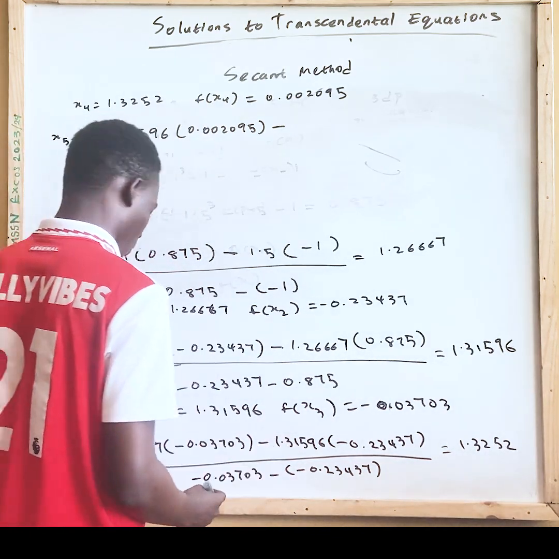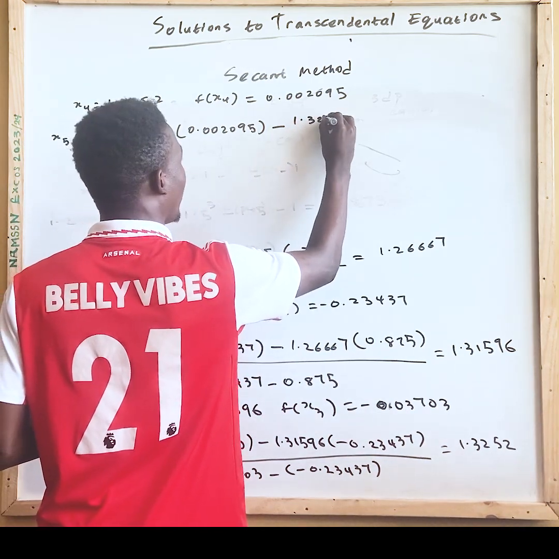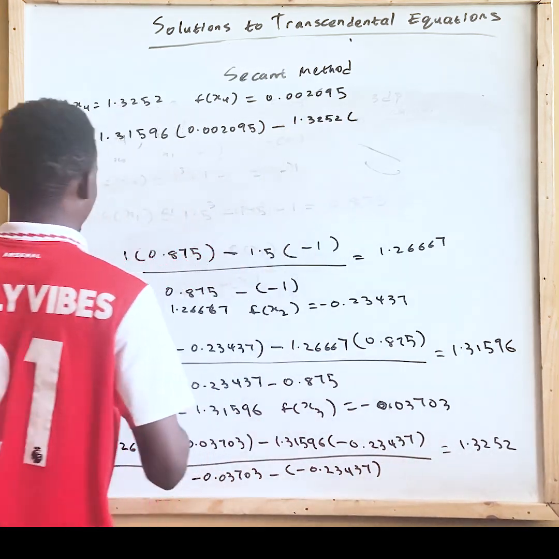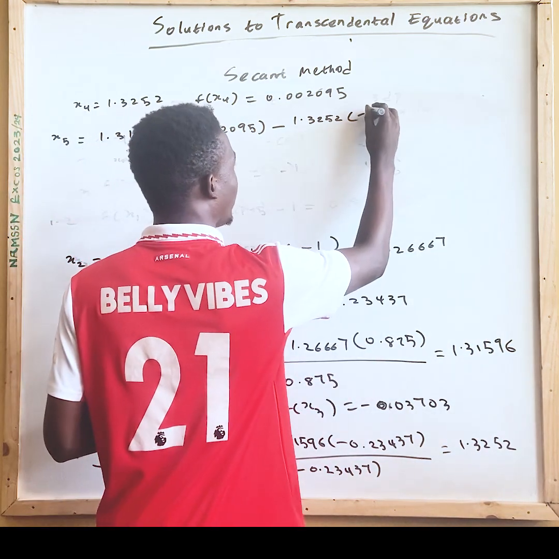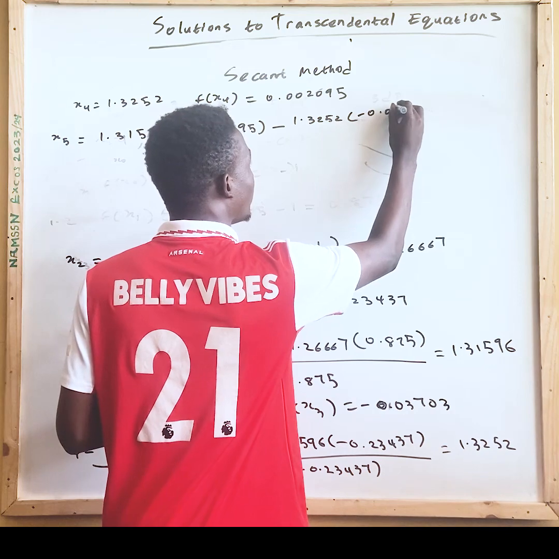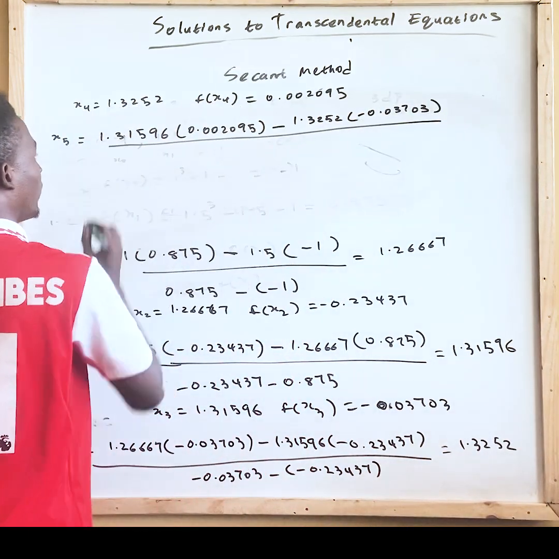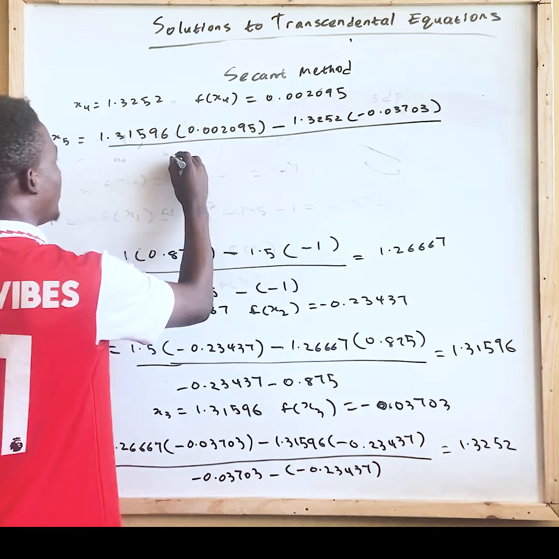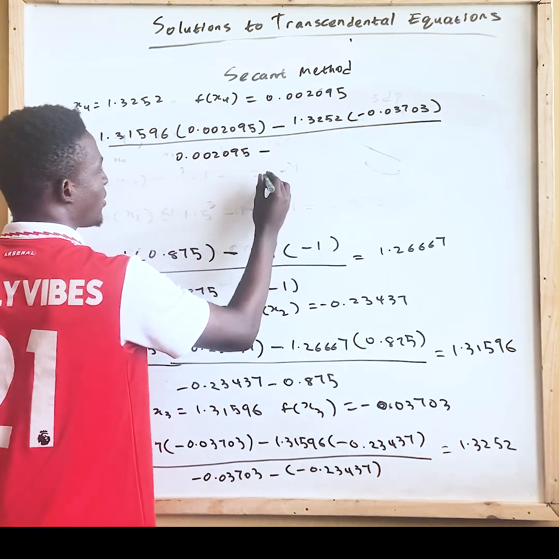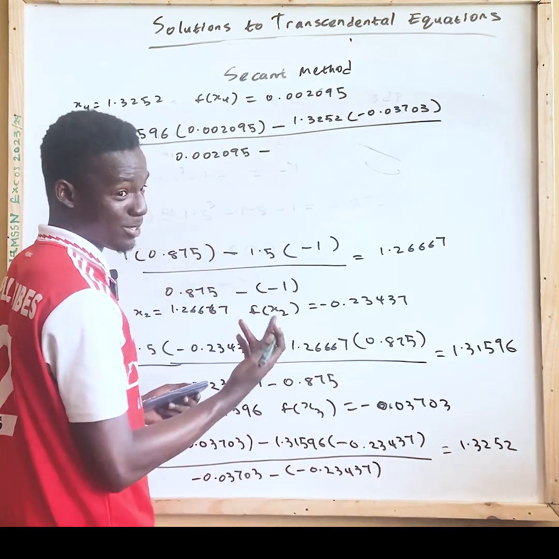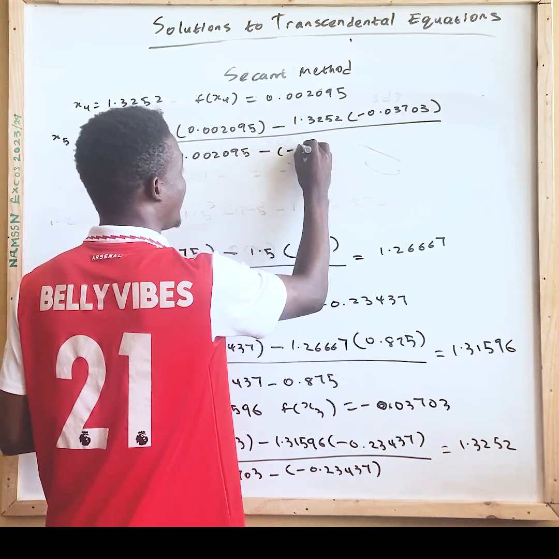So this will be x4. x4 is 1.3252 in brackets, f of x3 is minus 0.03703 over 0.002095 minus. Another mistake I'm susceptible to is I can just do minus and forget this minus here. Please don't forget it.